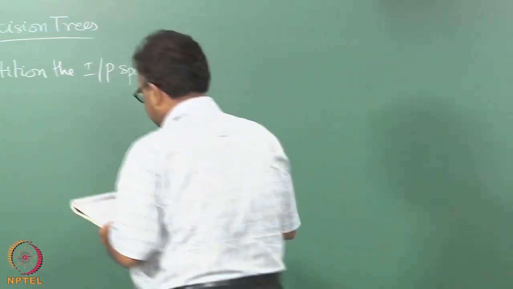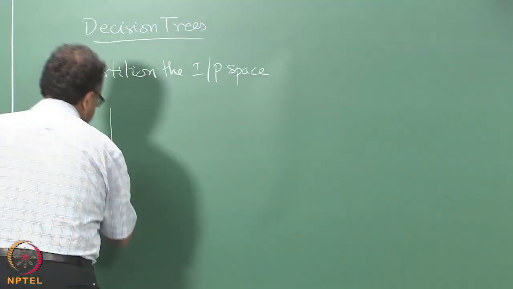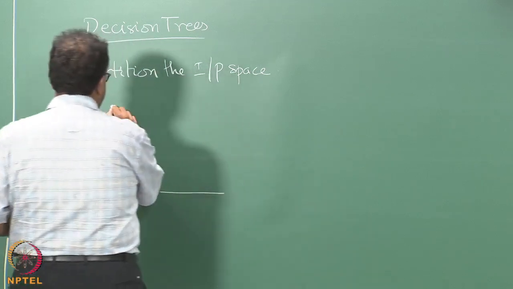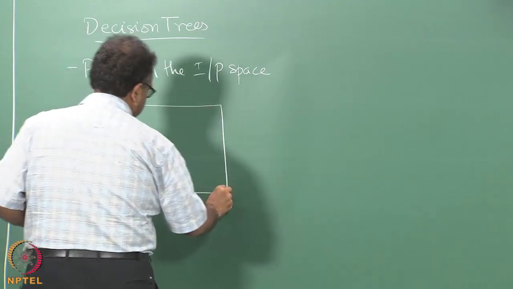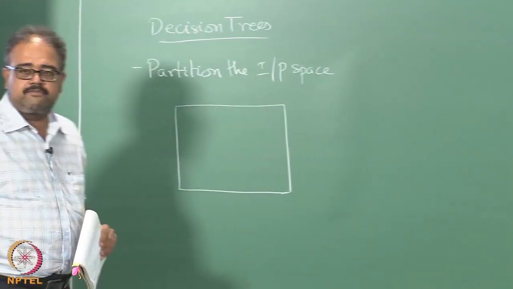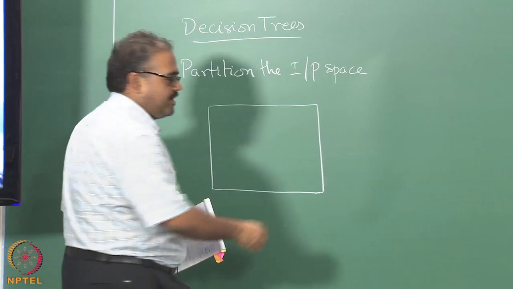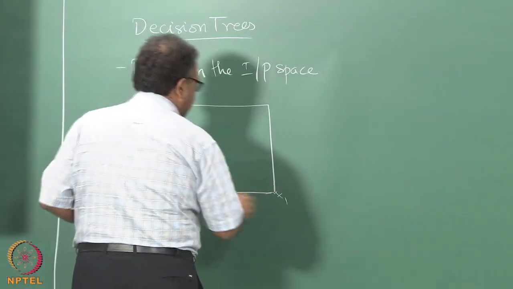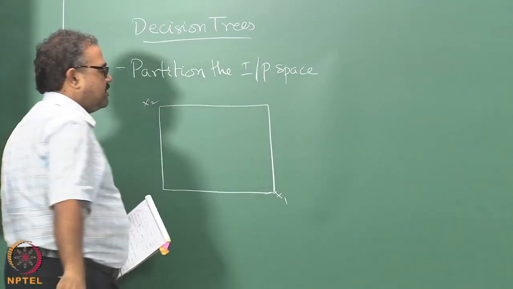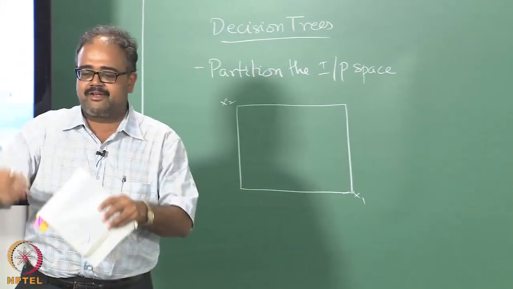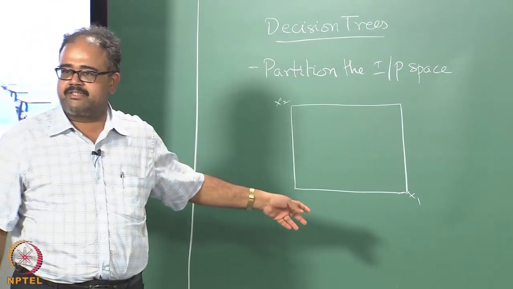So what do I mean by that? Let us take the first question, let us say a 2-dimensional data set. Now let us forget about all the relevance to real life and things like this. So I have 2 variables x1 and x2.